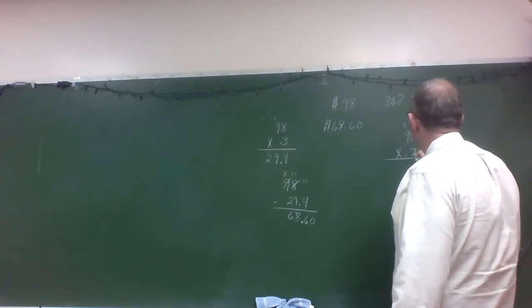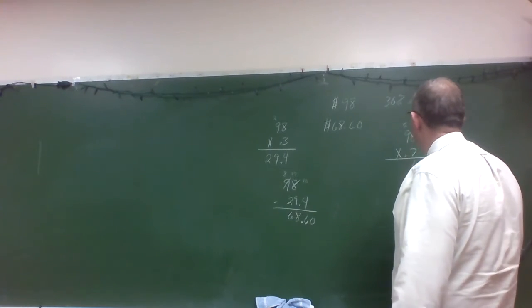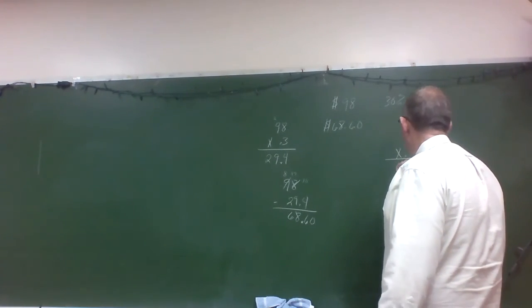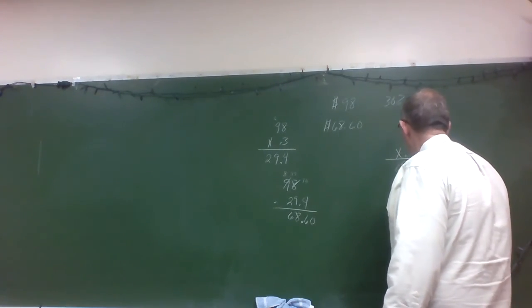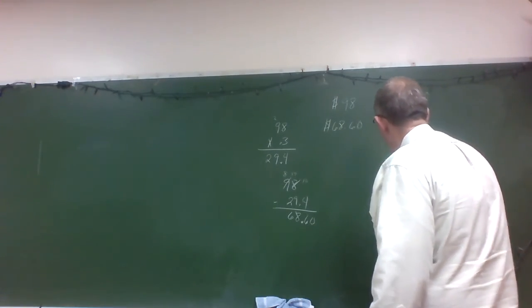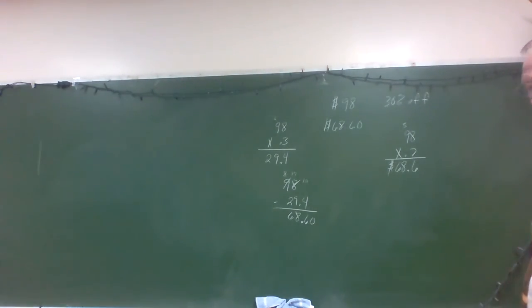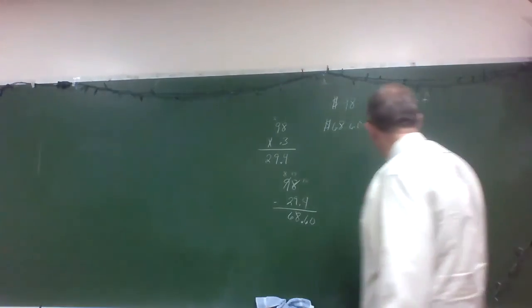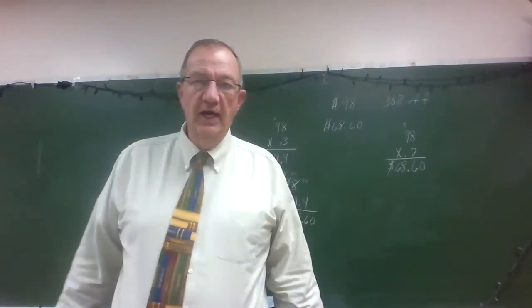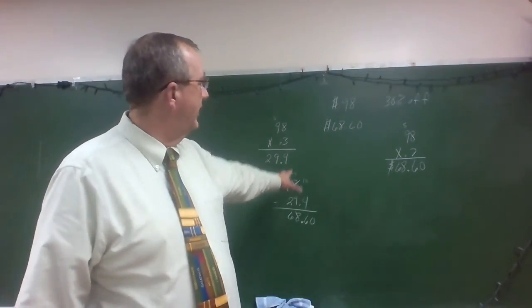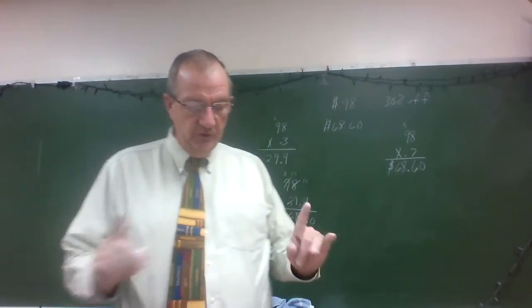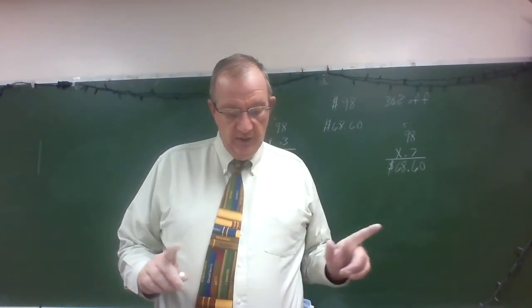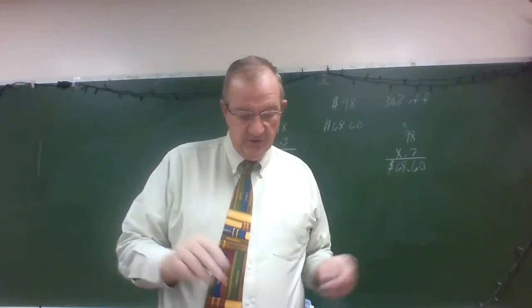Carry the 5. 7 times 9 is 63, plus 5 is 68. And you put the decimal point in, and you have the same answer both ways, right? Okay, so there's a hard way of doing it and an easy way of doing it. You can do it whichever way you want to, because you're not going to have another one of those types of problems.